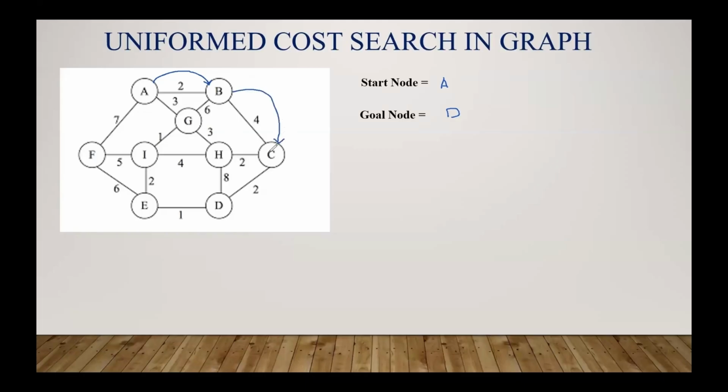Now from C, C to H is present and C to D is present. If we traverse D, we will get the goal node immediately. Anyhow it is the least cost, so it will be selected. Here 2 plus 4 plus 2, that is 8.